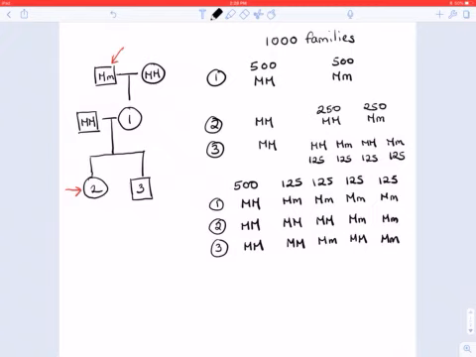Right, so on the left here, the cases where there's 500, those are the possibilities if individual 1 is capital M, capital M, and then we have these more complicated possibilities if individual 1 is capital M, small m.